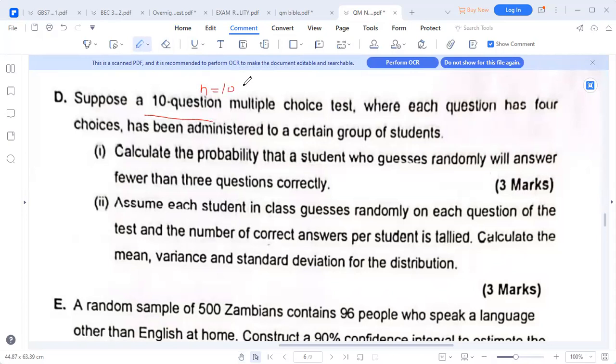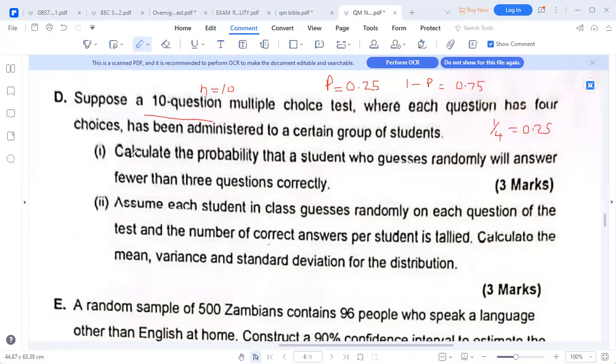The probability of getting a correct answer out of 4, one of them should be correct. So 1 out of 4 means this is 0.25. So our p is 0.25, the probability of a success. The failure is 1 minus p. So how many answers are wrong? There are 3. So 1 minus 0.25 is 0.75. Meaning this is our q.